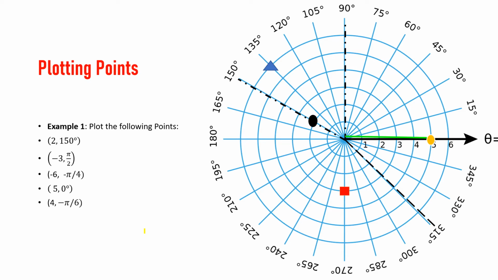The last point is -pi over 6 and the radius of 4. So for -pi over 6, first of all, pi over 6 is here. Just flip it along the x-axis.